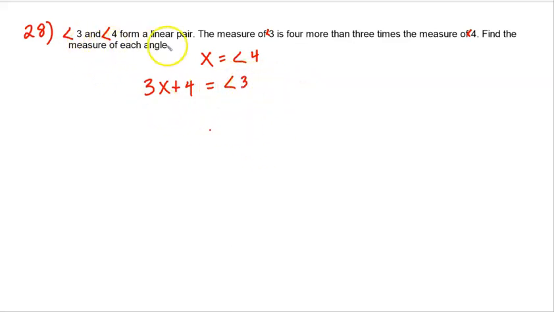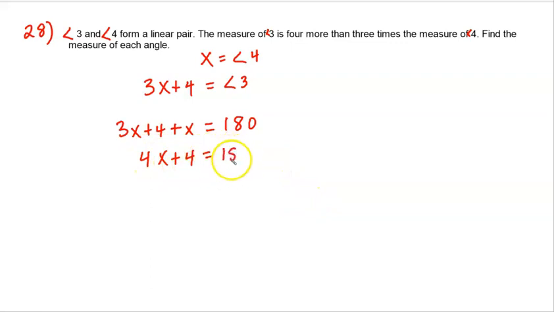And again, since they are a linear pair, that means when I add them together, they should equal 180 degrees. So 4x plus 4 is 180. 4x is 176. And so we do 176 divided by 4 is 44 degrees for angle 4.